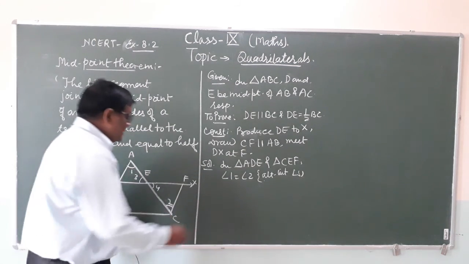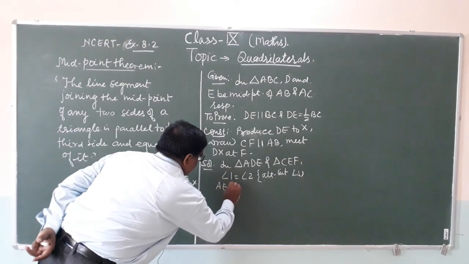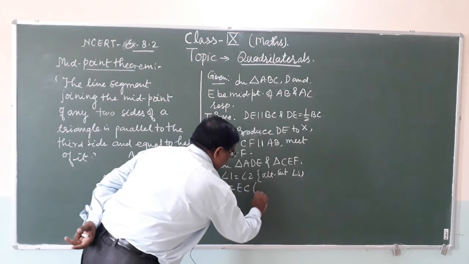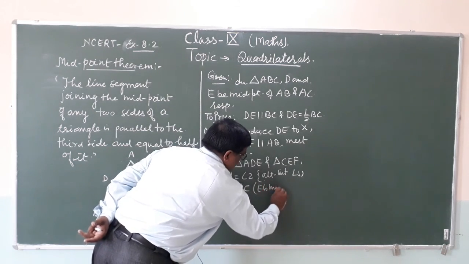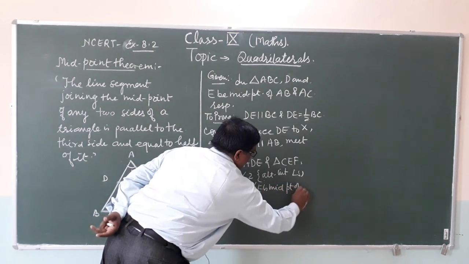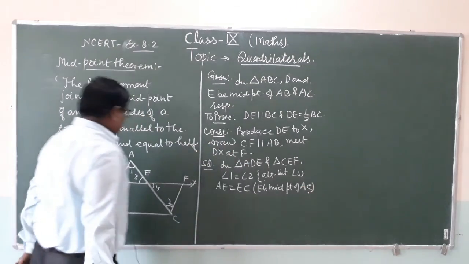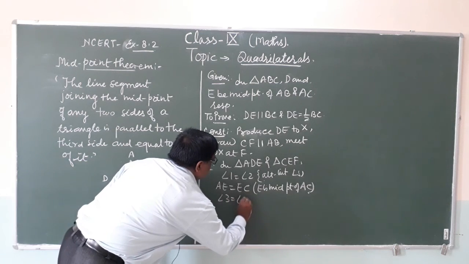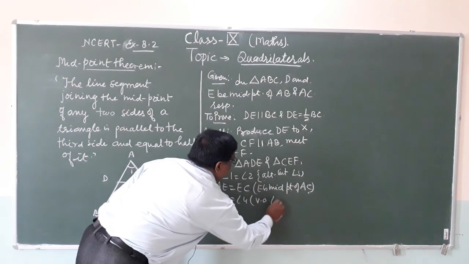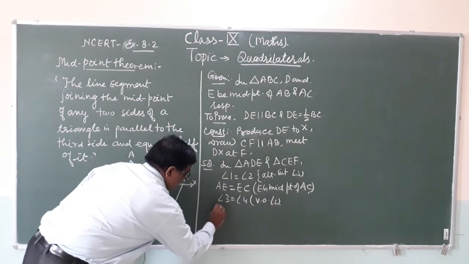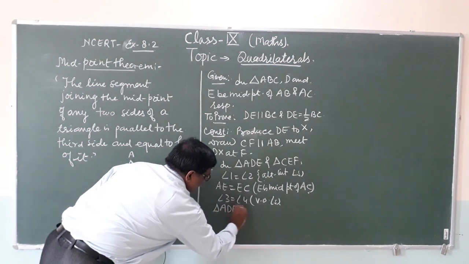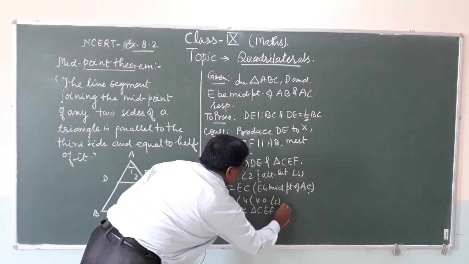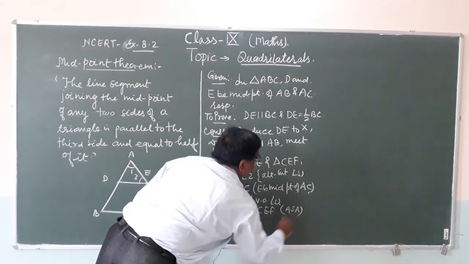Again AE is equal to EC because E is the midpoint of AC, which is given, and angle 3 is equal to angle 4, that is vertically opposite angles. So triangle ADE is congruent to triangle CEF by angle side angle.